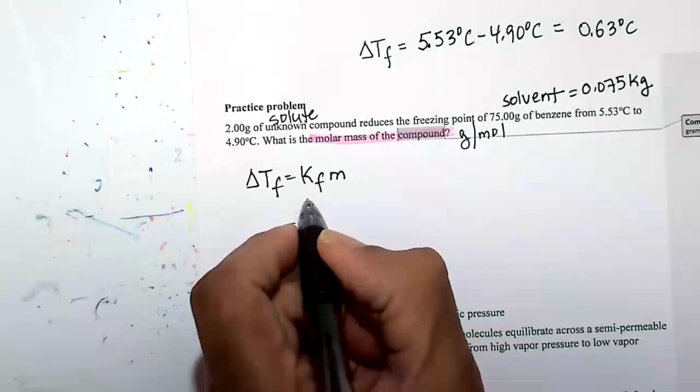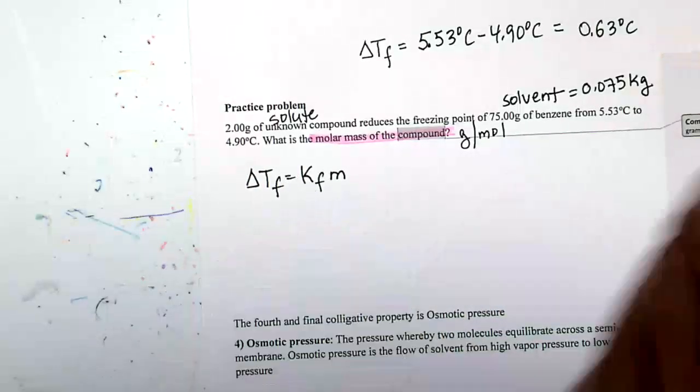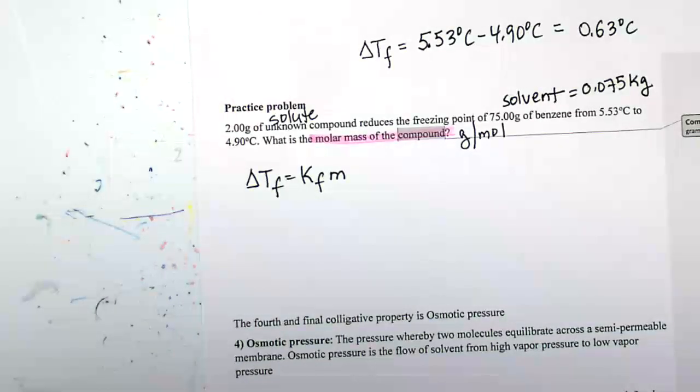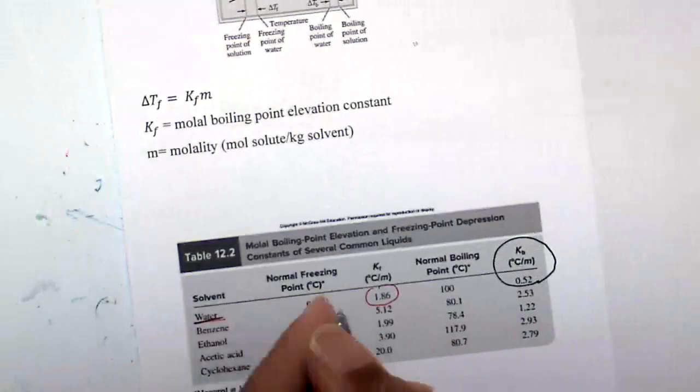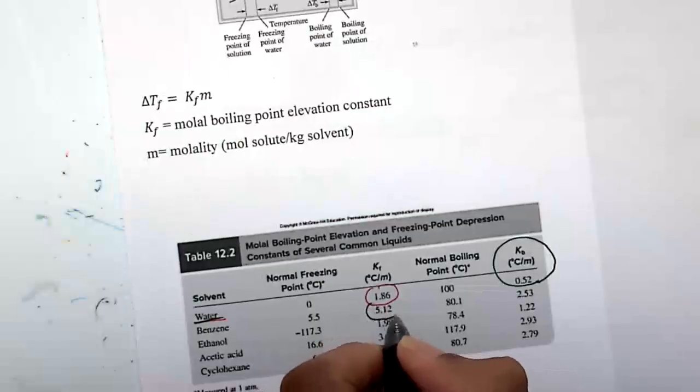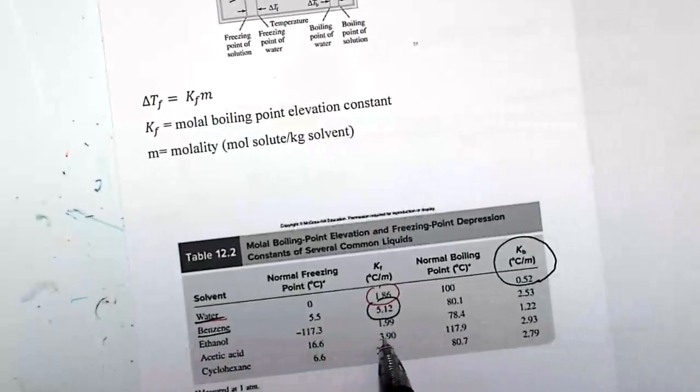And then what is Kf for benzene? Let's go back to our table here. Kf for benzene is 5.12 degrees C over molal.